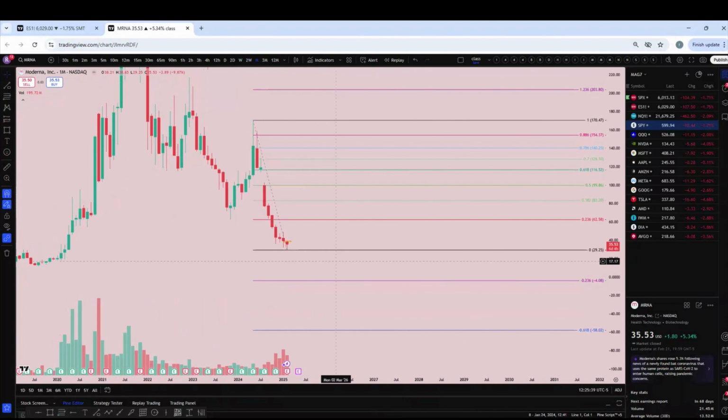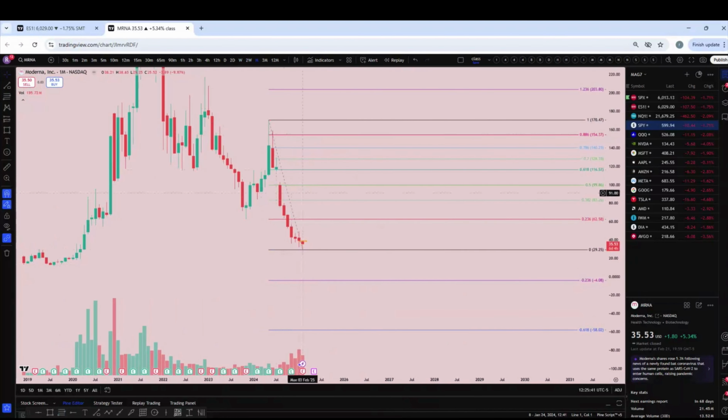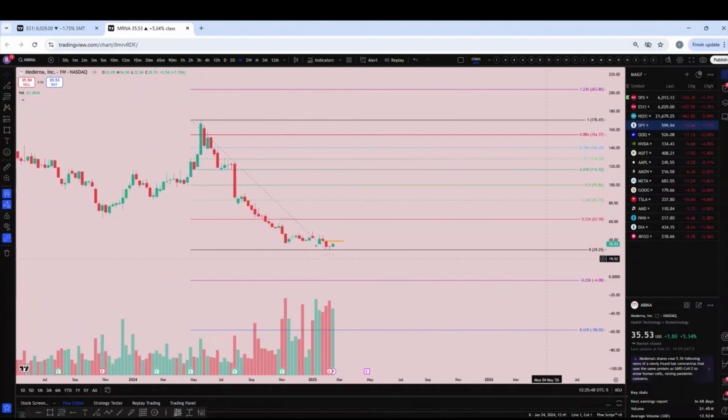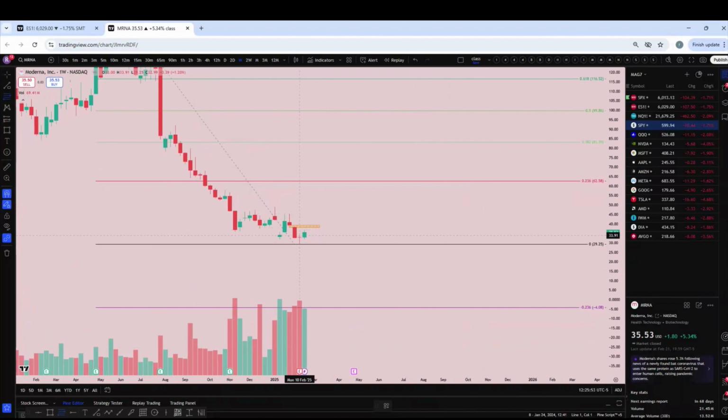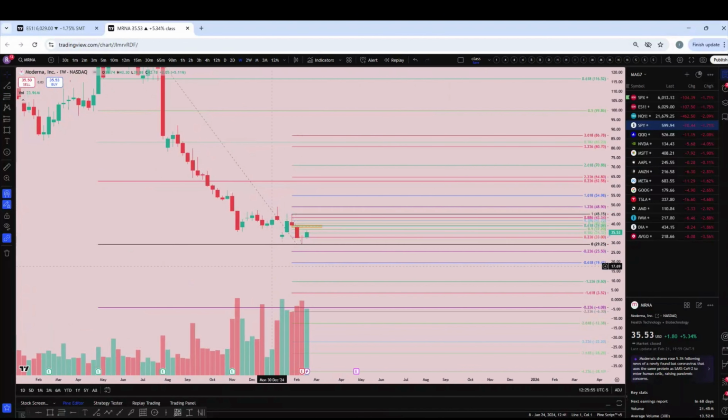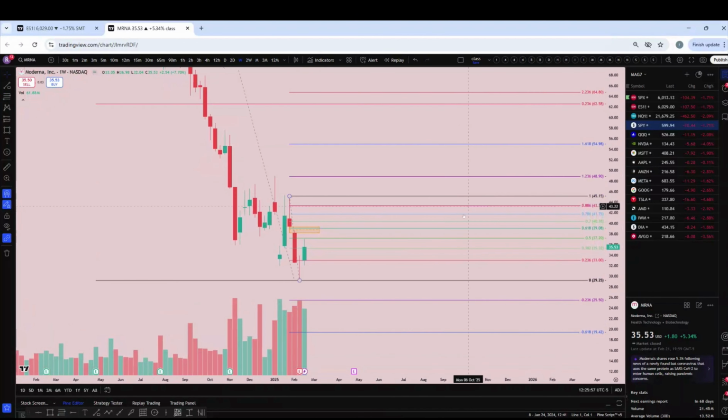So from a monthly standpoint, 63.48, but we have to start knocking out all these shorts here. From a weekly standpoint, it could definitely get all the way up here, but I would go for that $38 standpoint. Then you also have your doji hammer at the bottom. So that's a reversal sign, right?